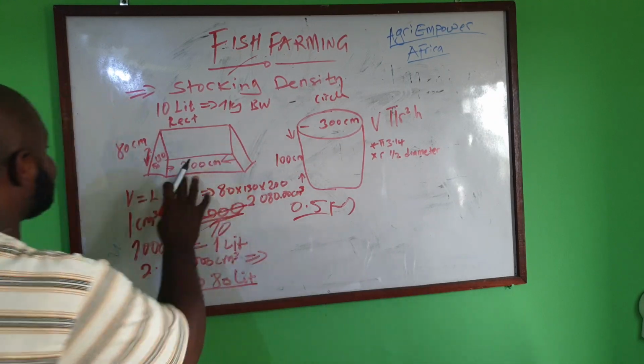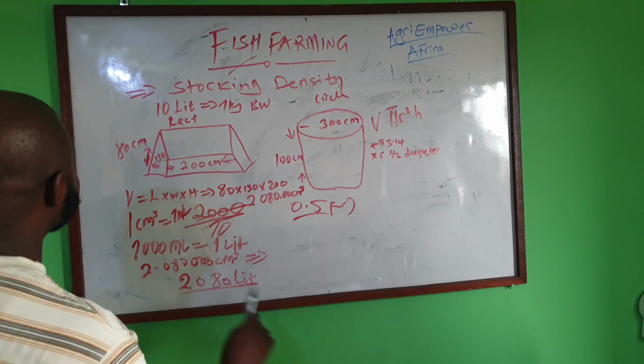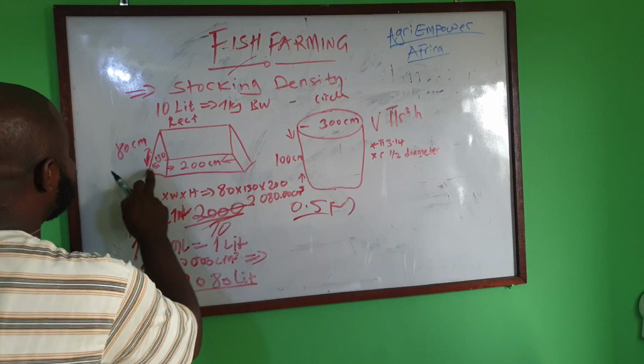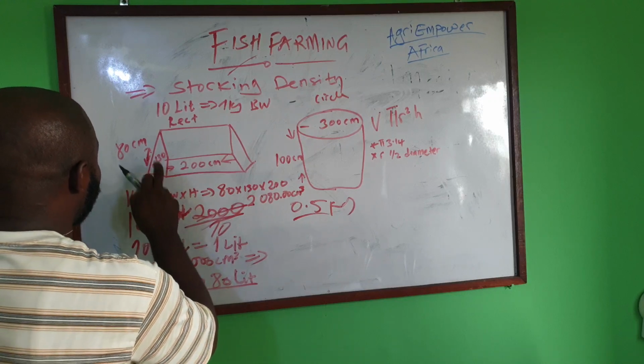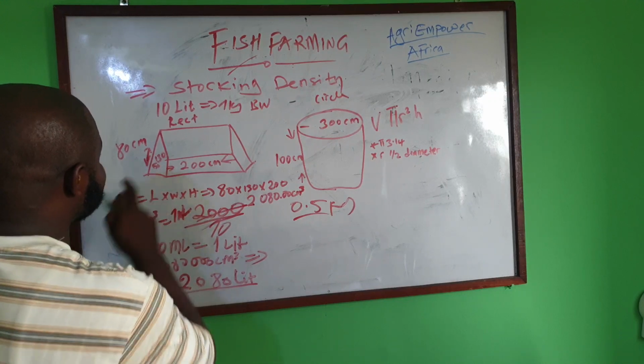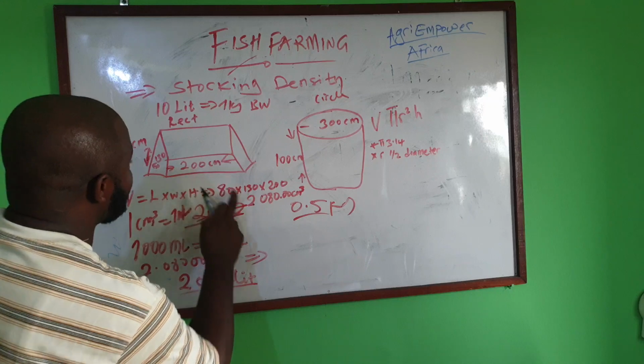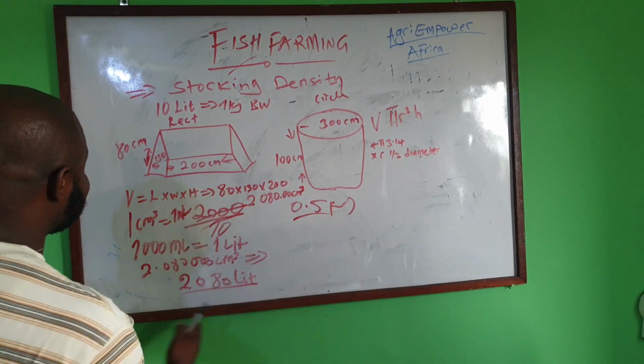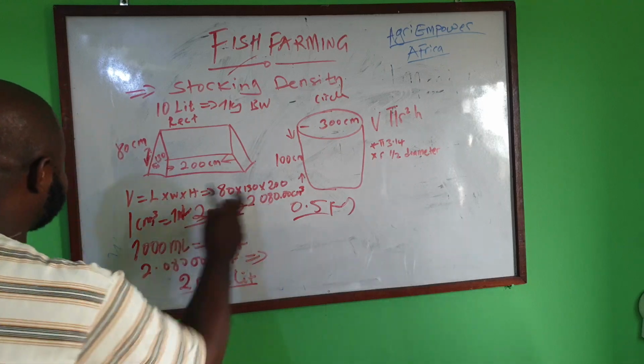In this rectangle of this size, the height is 80 centimeter, the width is 130 centimeter, and the length is 200 centimeter. For us to have the volume, length times width times height gives you this figure.